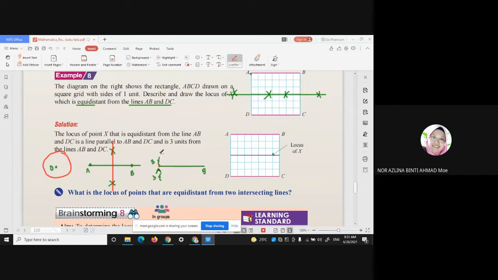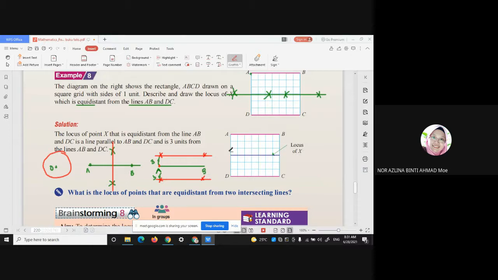Given the square grid, 3 units. The question will give a square grid, or you need to measure. So we draw the horizontal line.